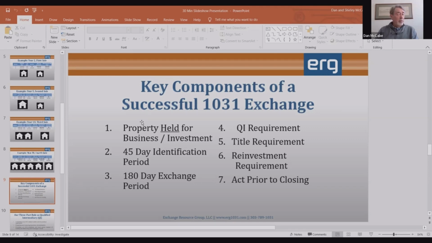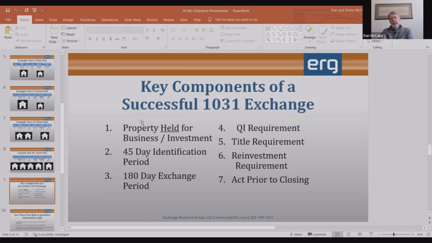They do not say who can be a qualified intermediary. They only say who cannot be. So you can't use your attorney, you can't use your accountant, you can't use a related party. And that's what's led to our industry, the ability to step into these and to direct, to guide, and to document the transactions.